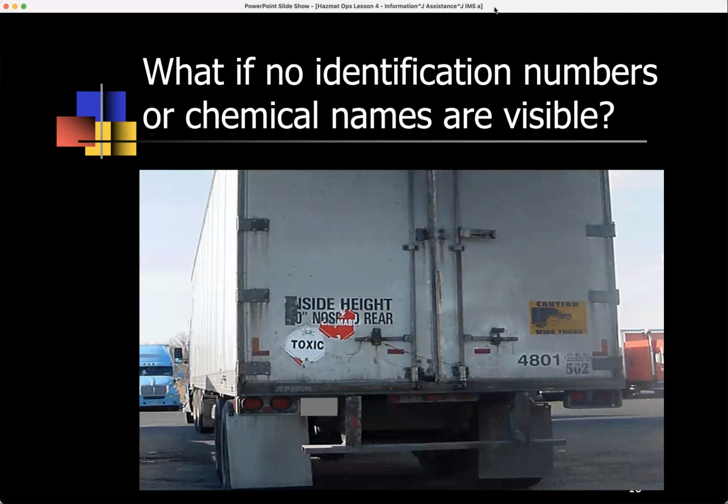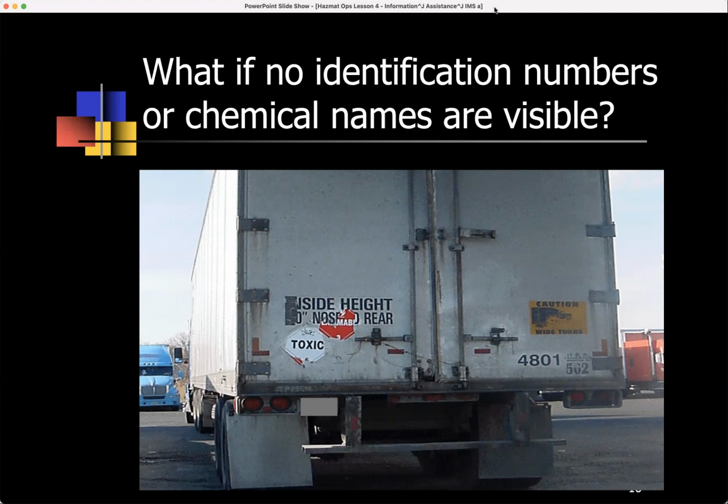But what if you don't have a UN ID identification number or a chemical name? That's where placards come in. So in this example here, we have 2 placards. Remember, this is a box tractor trailer truck. It can hold multiple materials.